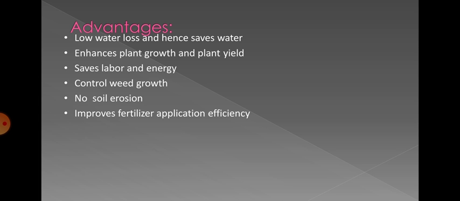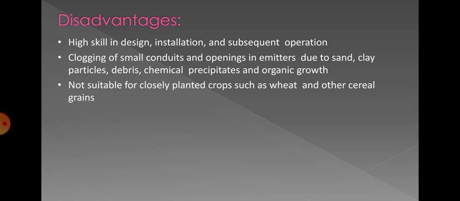The advantages of drip irrigation are low water loss and hence it saves water, it enhances plant growth and plant yield, it saves labor and energy, it controls weed growth, there is no soil erosion, and it improves fertilizer application efficiency.